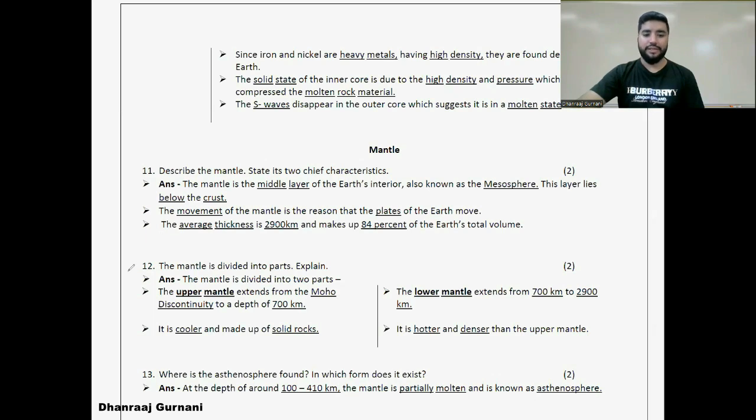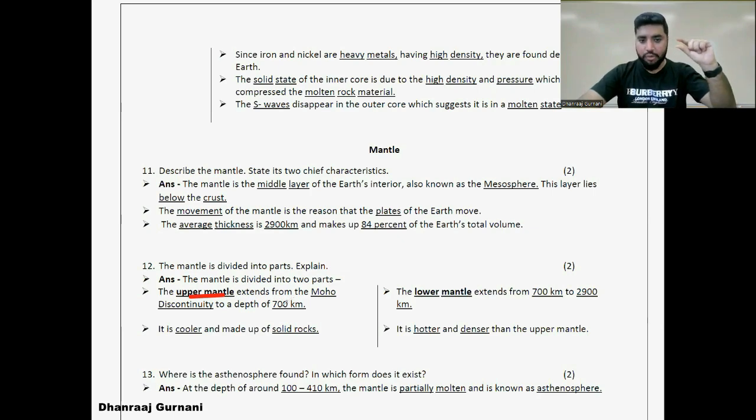The mantle, just like the core, is also divided into two parts. The mantle is divided into two parts, the upper mantle and the lower mantle. Here it is based on figures, you'll have to learn it. The upper mantle extends from the Moho discontinuity. So we are going from up to down.